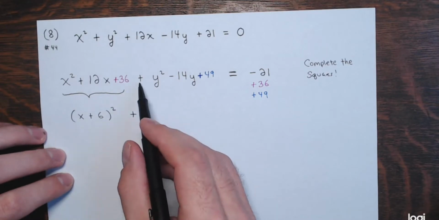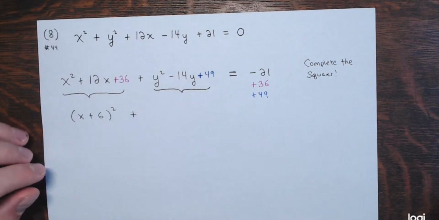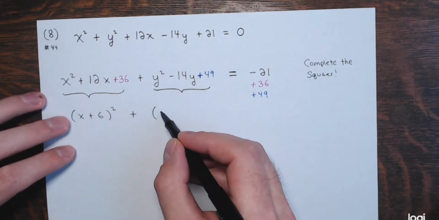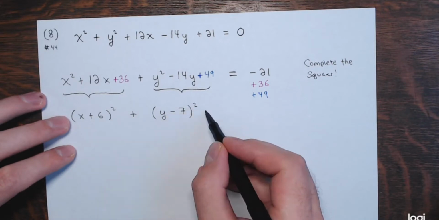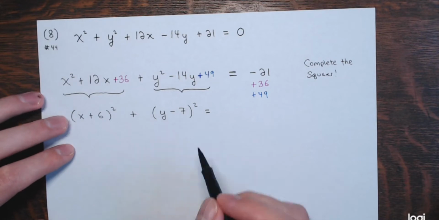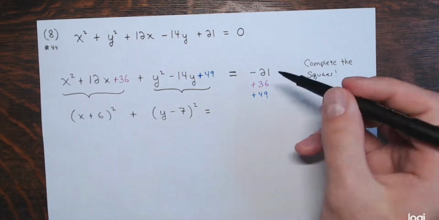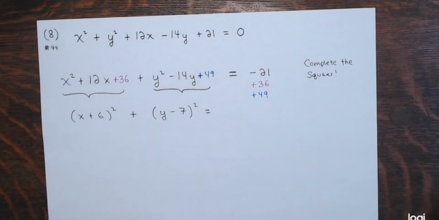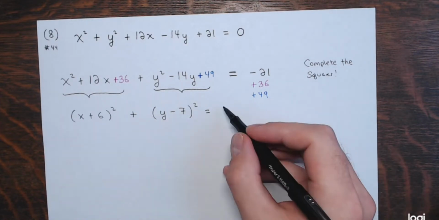Alright, then I got plus, and then y squared minus 14y plus 49, that's the quantity y minus 7 squared. Equals, and then here, 36 minus 21 is 15, and then 15 plus 49 is 64.